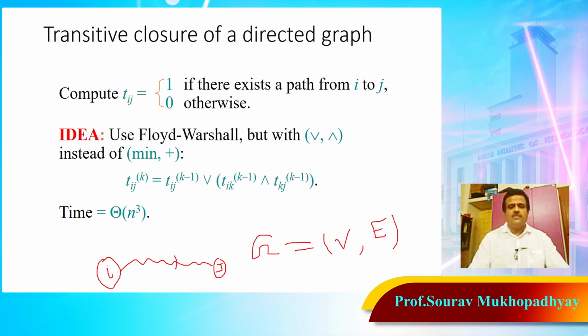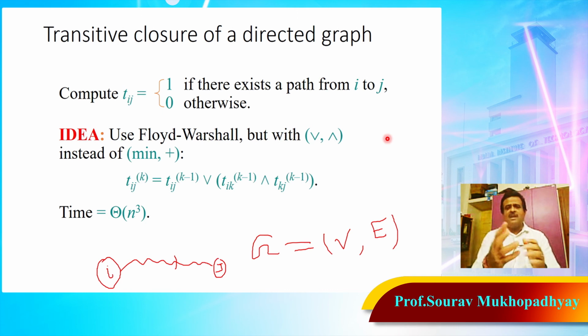So we can follow the edges, and if we can go from i to j, then this value of T_ij will be 1. So T_ij is 1 if there exists a path from i to j. There is no question of shortest path over here. It's just a path. So if we can reach from one node to another node, that is the question.